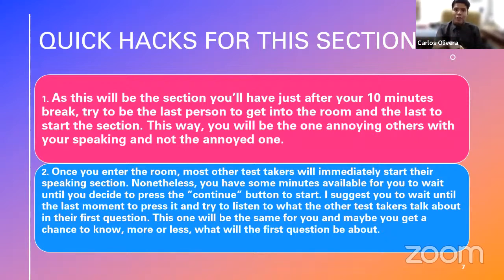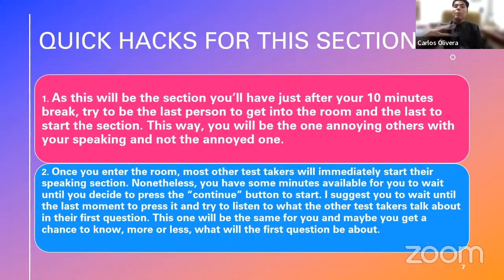And when you get into this section, you're going to have to face the trouble of having a lot of people speaking loudly because they want their recording to be audible to the person who is going to review their responses, right? That is natural. And you, of course, have to speak loudly too, right? I think there's no reason to mention that you have to speak loudly.